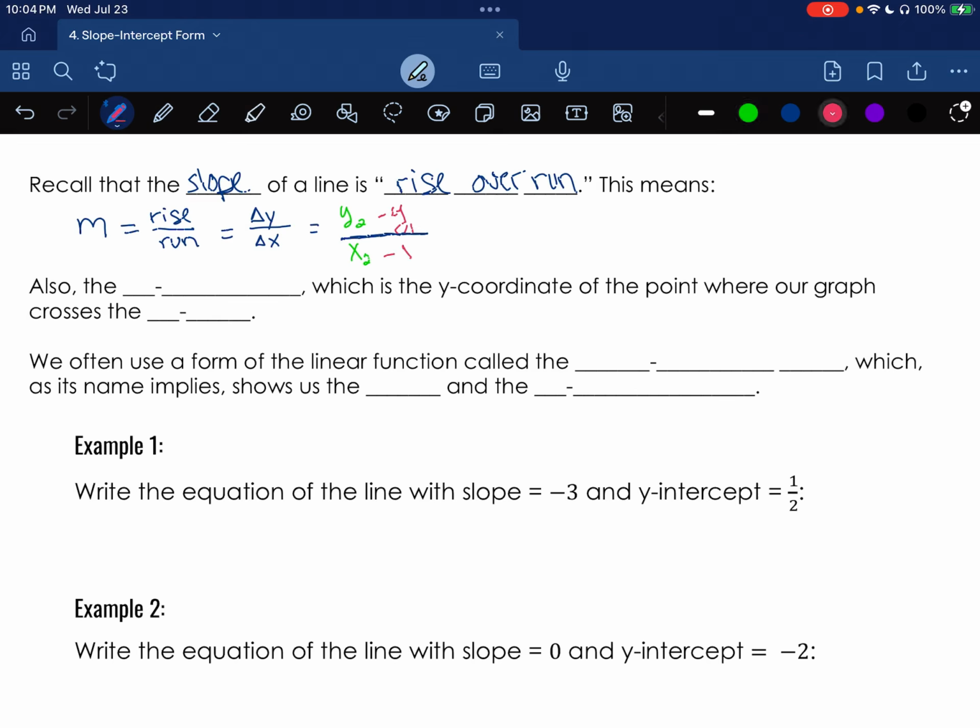So always subtraction in there, right? y2 minus y1, that changes, like I said. So what that delta symbol means is the change in y over the change in x.